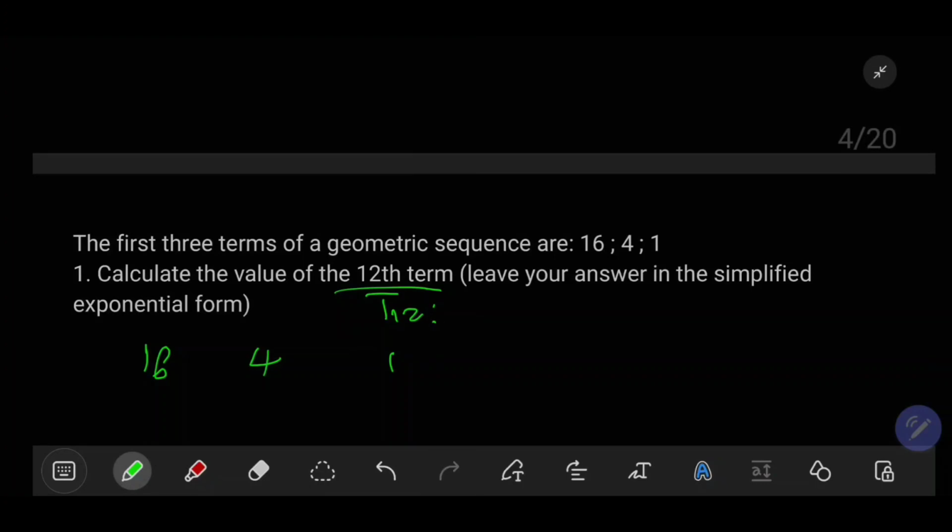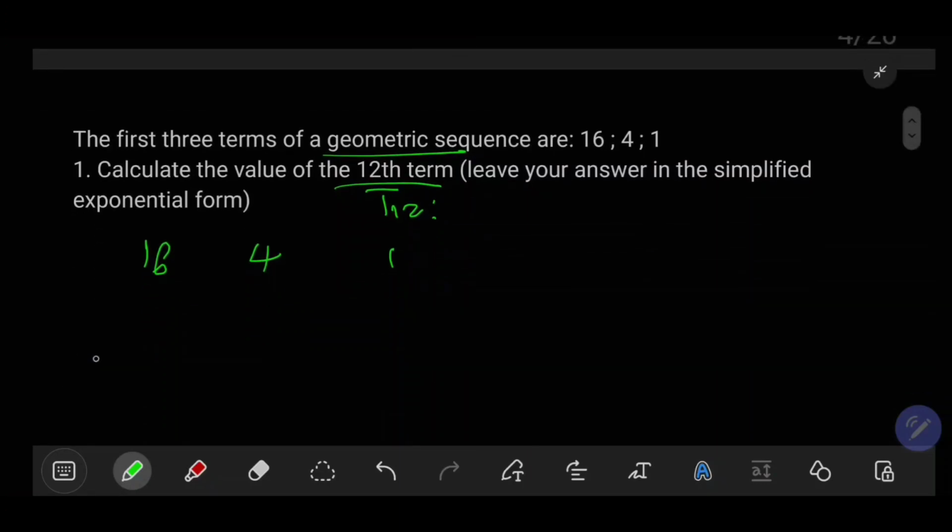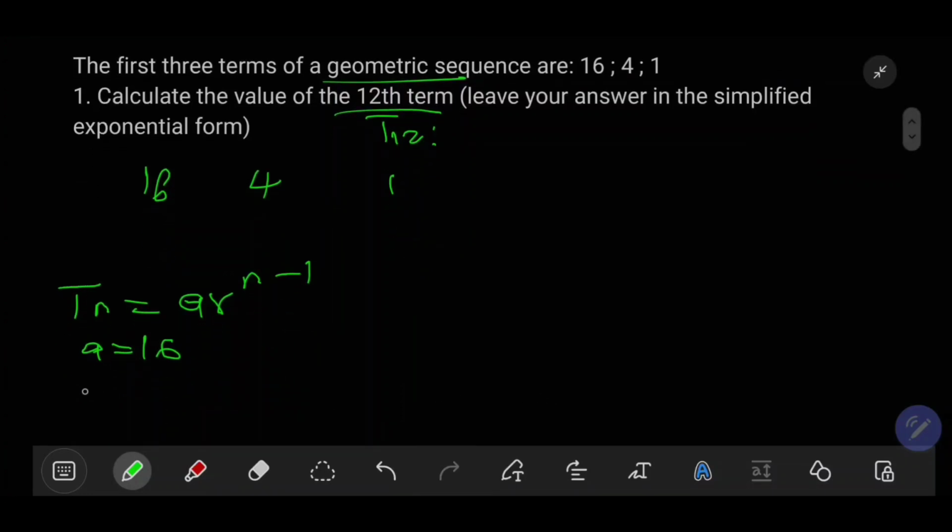Remember, now we are dealing with a geometric sequence. We already know that Tn = ar^(n-1). So we have to find the a value, which in this case is 16. We need to find the r value. How do we find r? We know that r = T2 divided by T1.